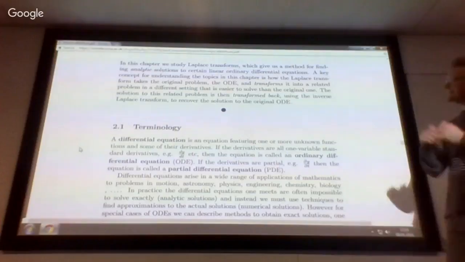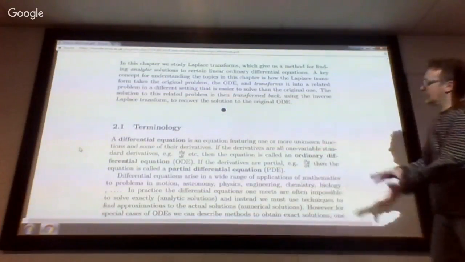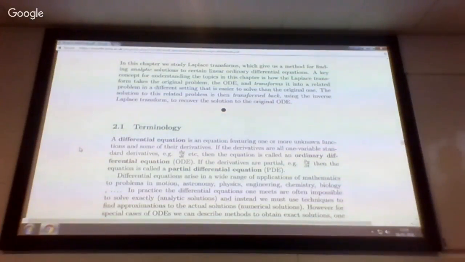It translates it into another domain, one where all the derivatives disappear. Instead, they're replaced by certain algebraic operations that are easier to deal with. So we transform the whole problem into a conceptually easier one to solve.